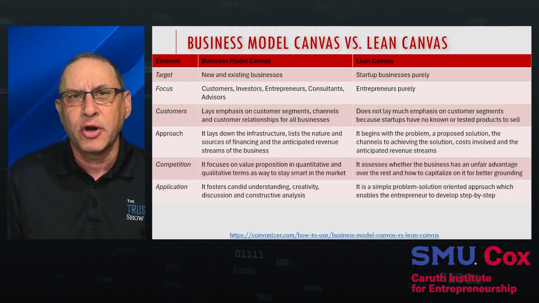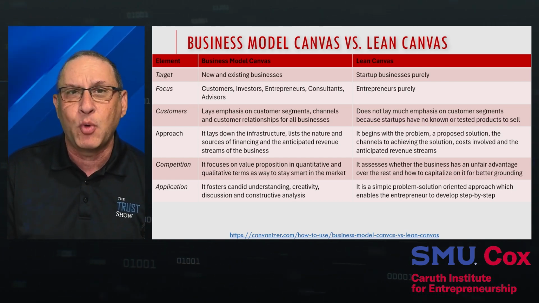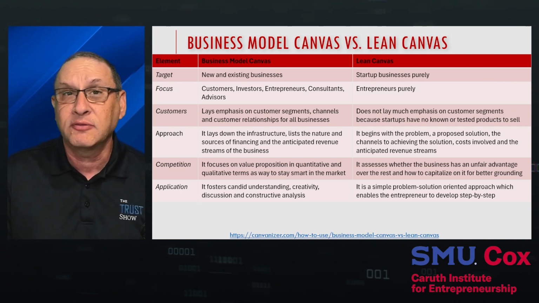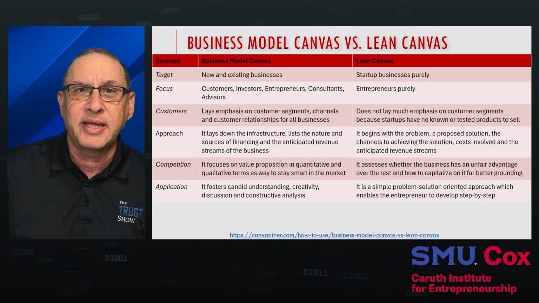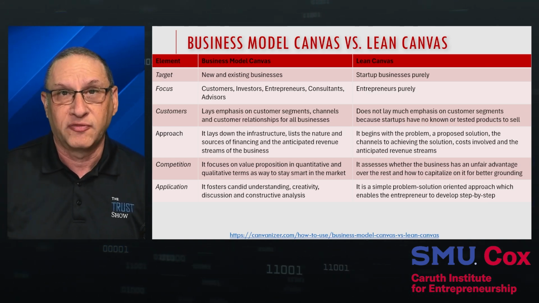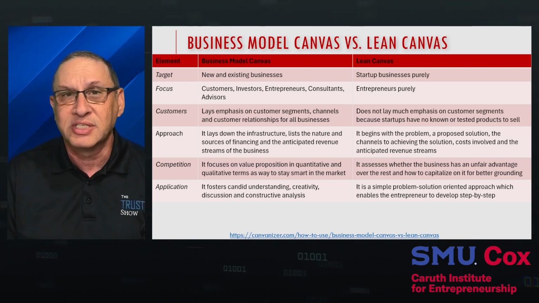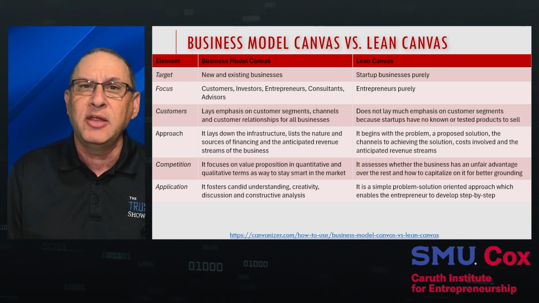So I gave you an article to read about the comparison between them. I'm going to touch on the top points that are actually coming from that article. The target for the business model canvas is new and existing businesses, whereas the Lean Canvas is only for startup businesses. The focus of the business model canvas is the customers, the investors, entrepreneurs, consultants, advisors, whereas the Lean Canvas is a tool mainly for you.